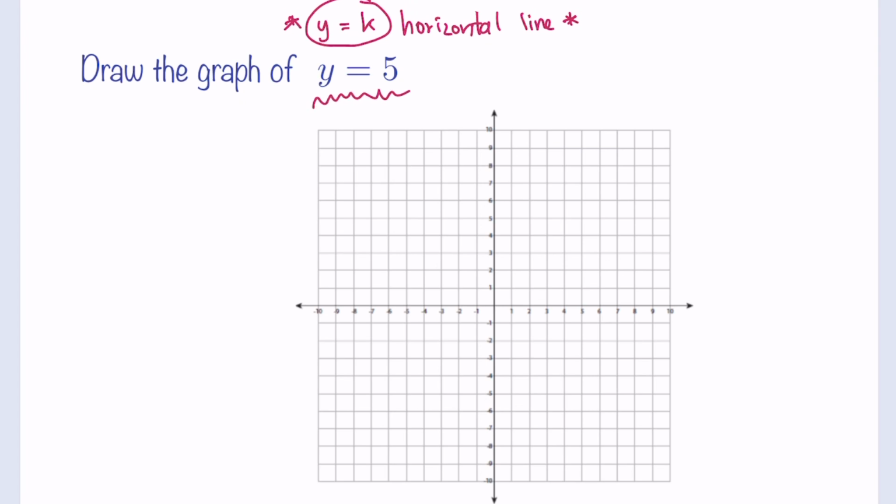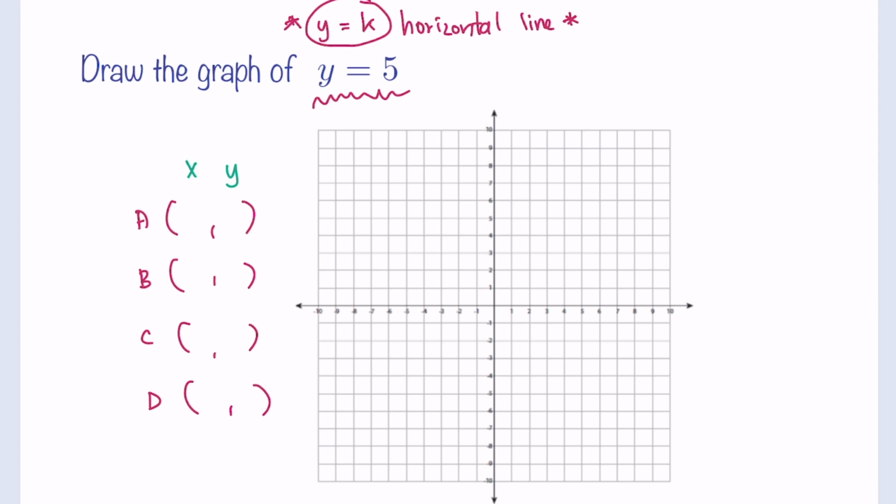First, we need to understand what it means by y equaling 5. Let's come up with 4 points. So I will have point A, B, C, and D. And my points will need to have both the x and the y coordinates. You remember that the x has to come first, followed by the y.